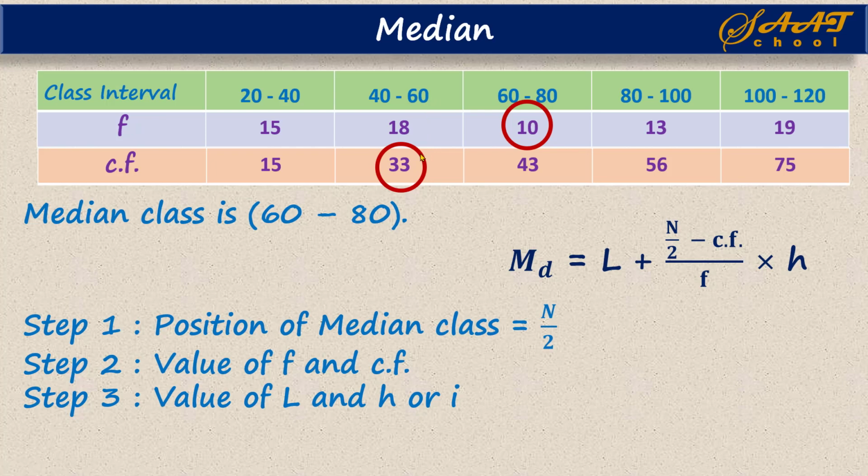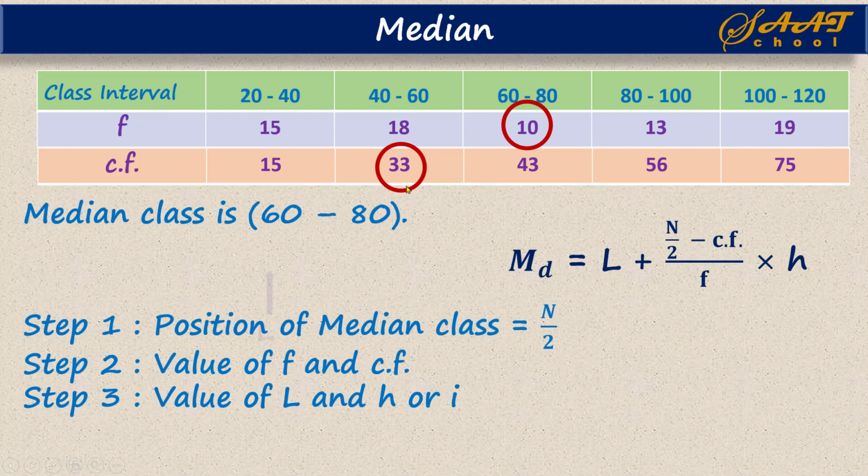This is sometimes confusing. To find the frequency, we use the median class and take the corresponding frequency. But to find cumulative frequency, we use the pre-median class. Here the pre-median class is 40 to 60. Its corresponding cumulative frequency is 33.